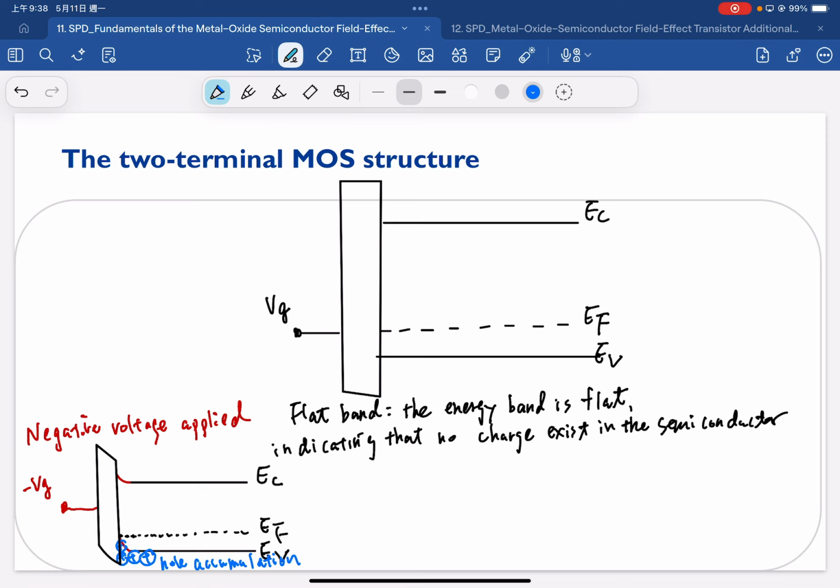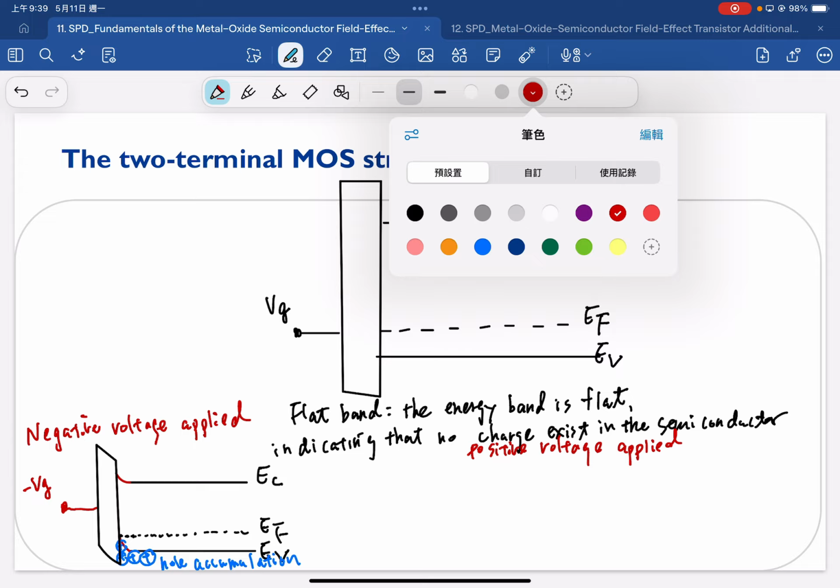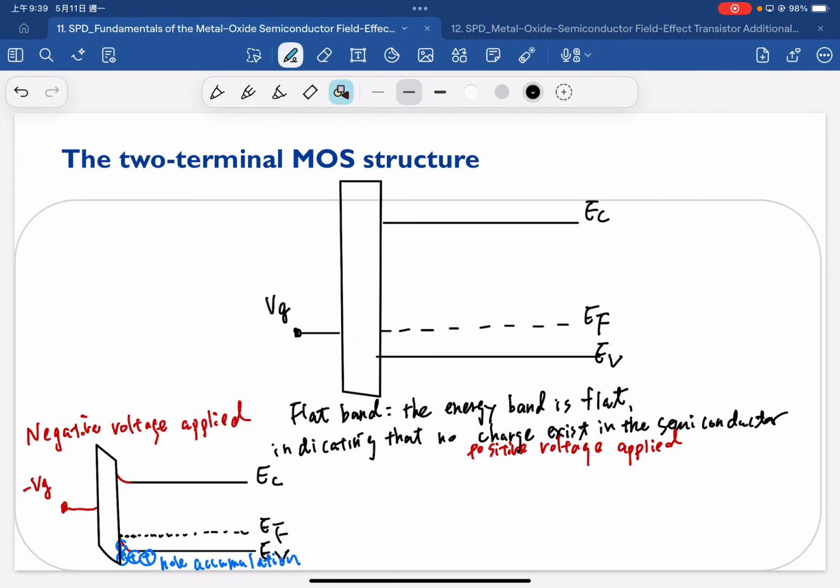But on the other hand, if we have a positive voltage applied, similar analysis can be done. We consider the conduction band, valence band, and our Fermi energy somewhere here.